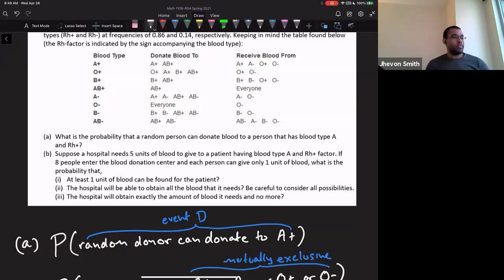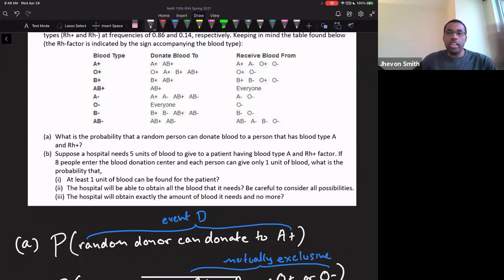Now, at first, this might seem very daunting to figure out, but if you look at it in the lens of what we started yesterday, you'll realize that if these 8 random people walk into the hospital, and I want to know if they can donate to this patient, that's just a yes or no question, isn't it?